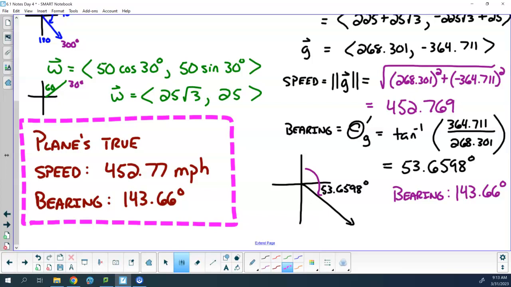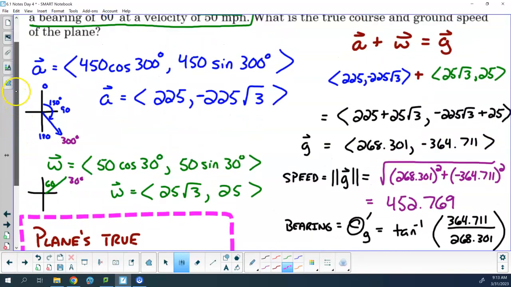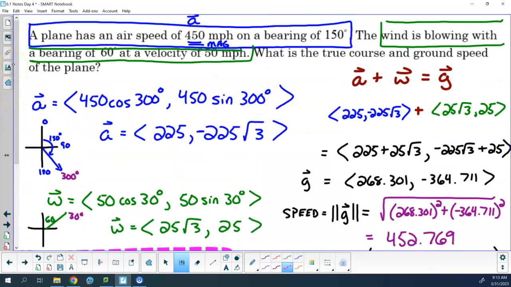Now, the other thing that I will tell you is, going back to the start of this problem, it gave us bearing angles as angles. Okay? So that's how we would want the answer. If this problem had given us the plane has an airspeed of 450 miles and a bearing of south 30 degrees east, then that's how we want the bearing in the answer.